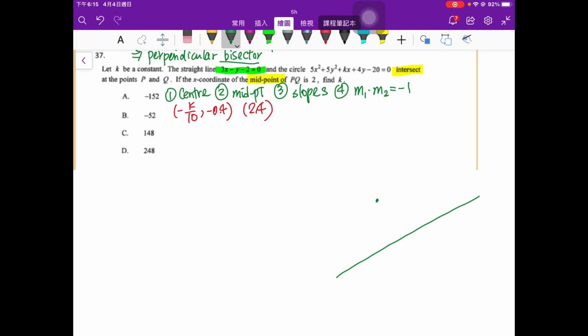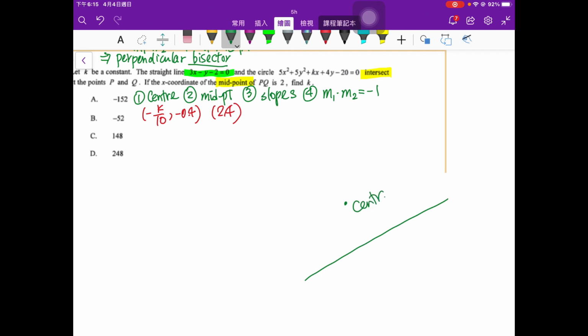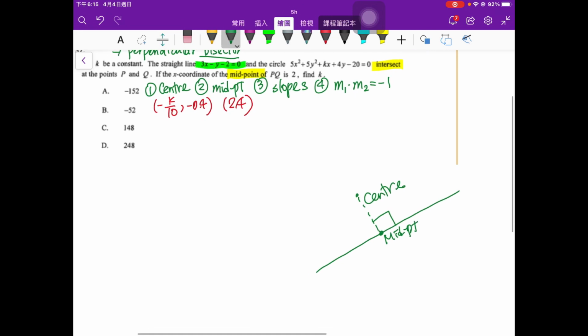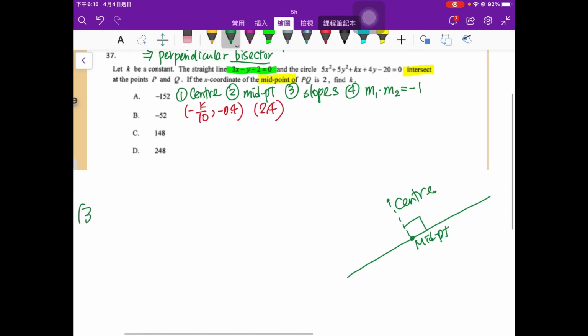This is the line and the center here, and then the midpoint, perpendicular to each other. So the slope of the straight line we should find out.